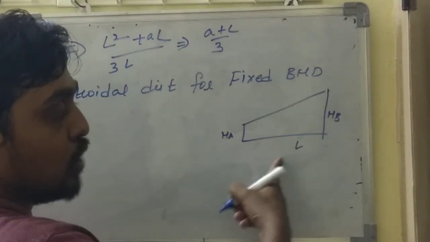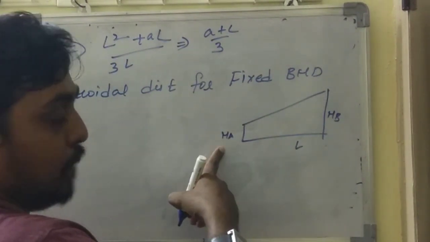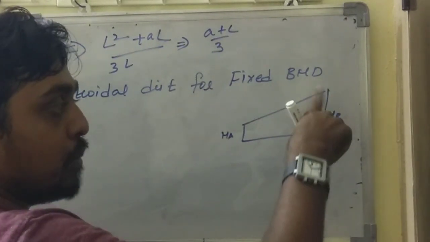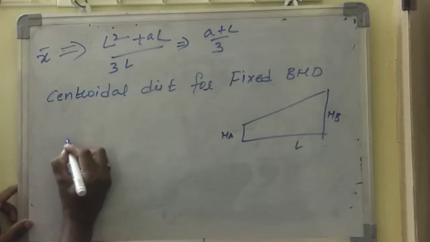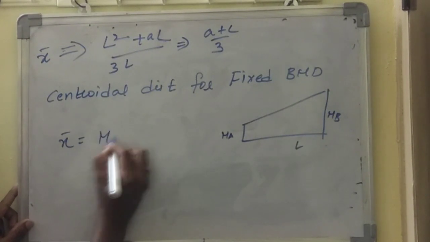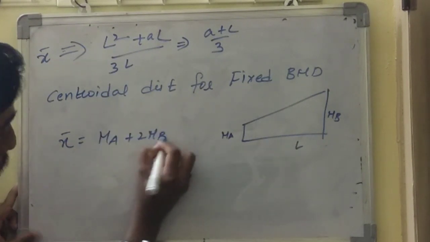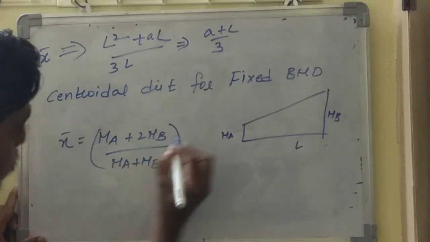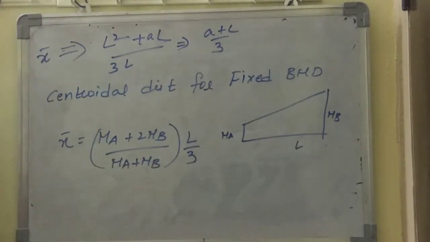Here in our case h equal to L. What about a? MA. What about b? MB, because B is higher. That is the reason I am taking a plus 2b. So take down that formula directly: (MA + 2MB)/(MA + MB) into L/3.